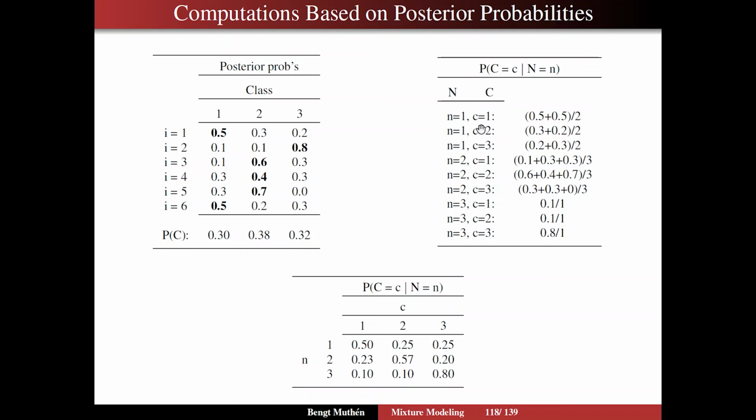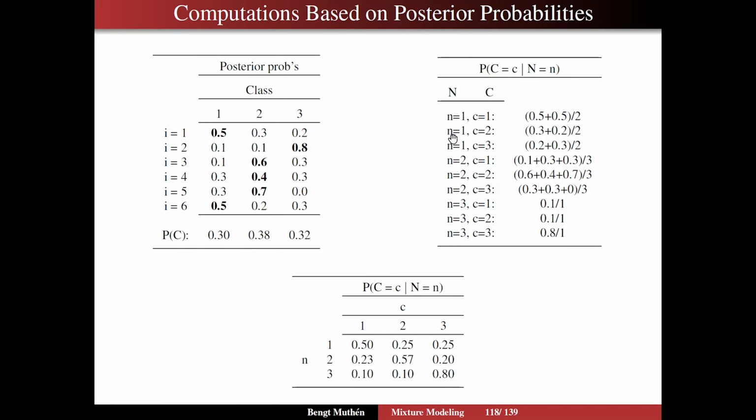So we look at which individuals are classified into class 1 when the true class is 1. So that's individual 1 and individual 6. And the probability that c equals 1, that we're in the first column, is then the average of those two probabilities. So 0.5 plus 0.5 divided by 2.